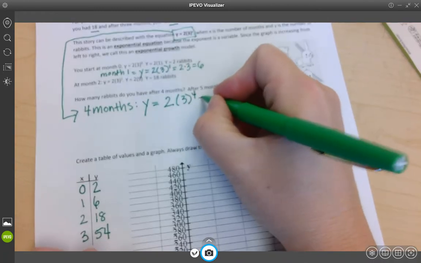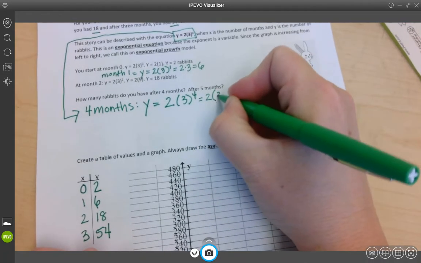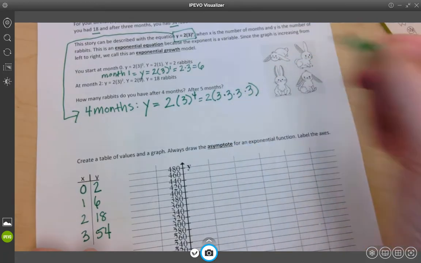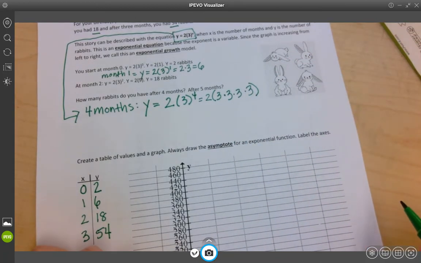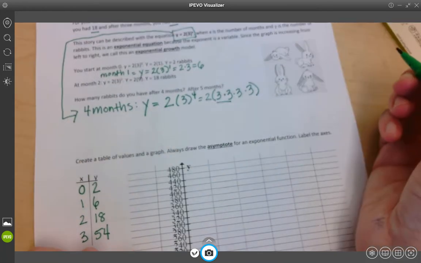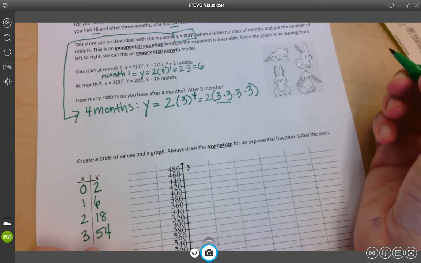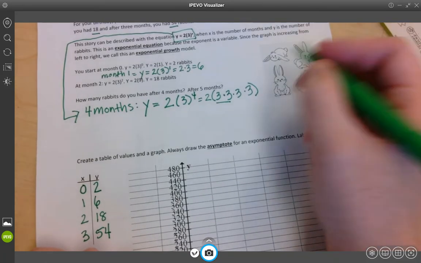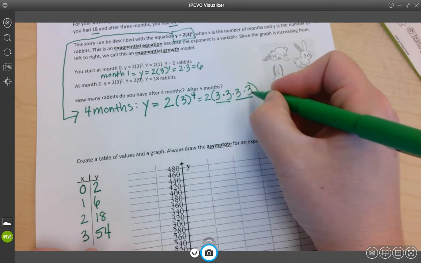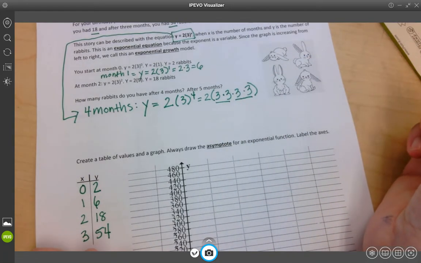So technically this is 2 times 3 times 3 times 3 times 3. It's a lot of 3's, right? You can split this up. What's the first 3 times 3 going to be? 9, right? And the second 3 times 3 is still 9. And then I got 9 times 9, which is? I think somebody knows. 9 times 9? 81.